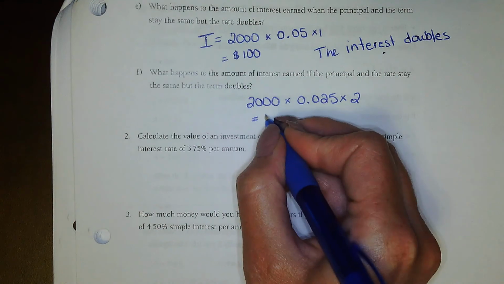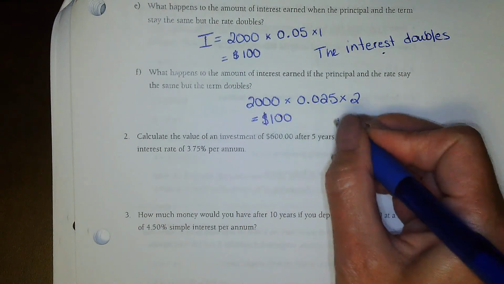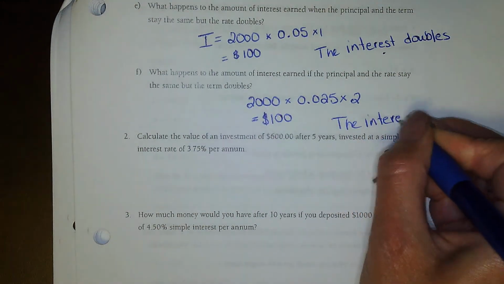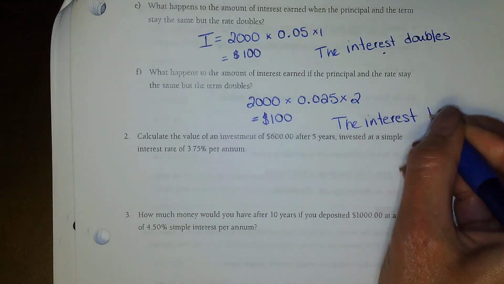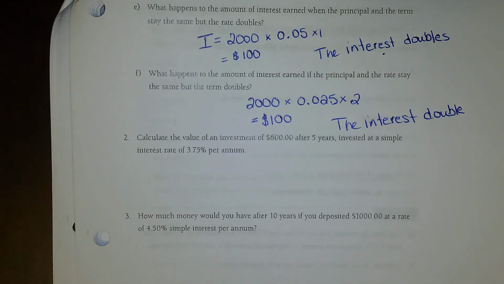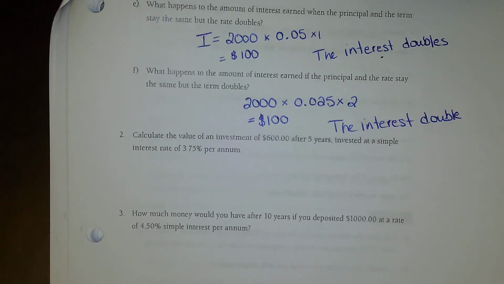Then multiply all of that out, I get $100 again. So the interest would double. And then if I doubled my principal but kept my rate and my term the same, your interest is going to double. So you just change one factor in all of that and your interest will double.